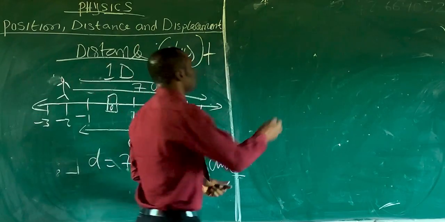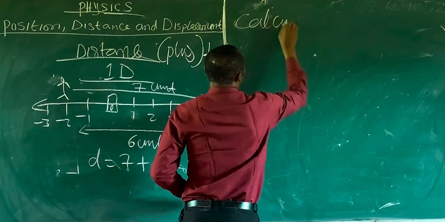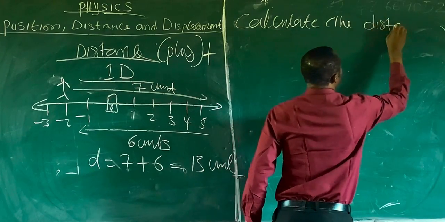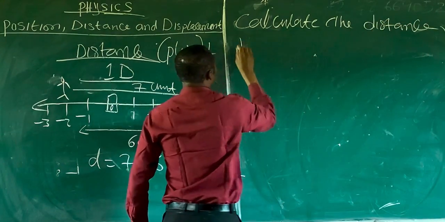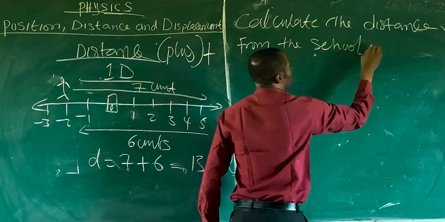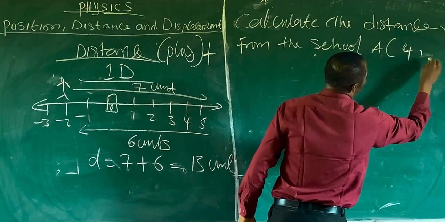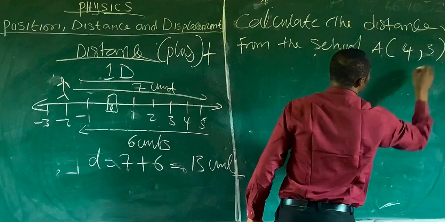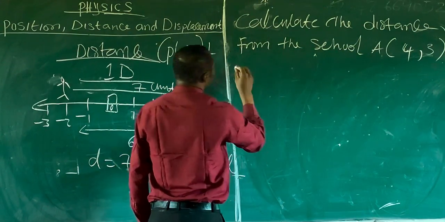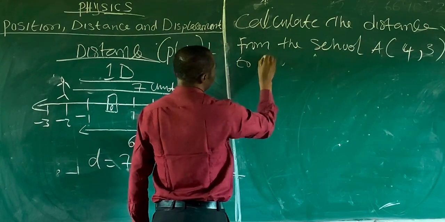Let's say, calculate the distance from the school A, which is (4, 3), to the staff room.